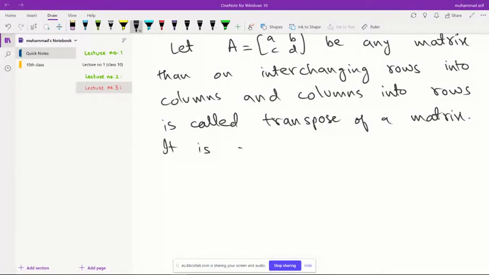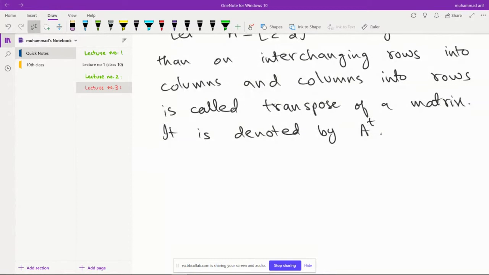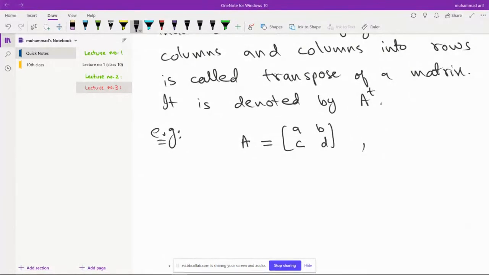It is denoted by A transpose. A raised to power T means A transpose. For example, a matrix A is A, B, C, and D. If we take a transpose of a matrix, then A transpose is equal to, we write rows into columns.